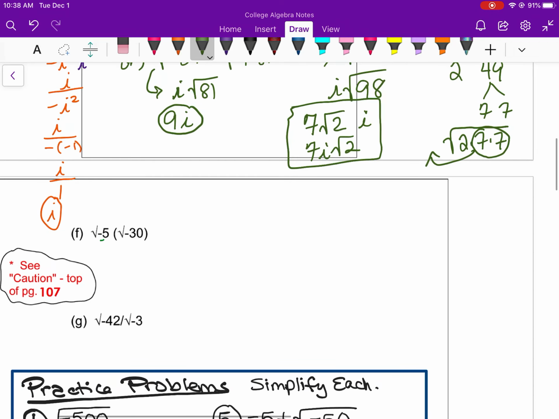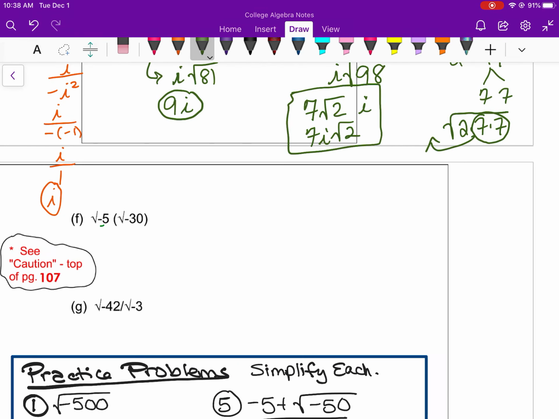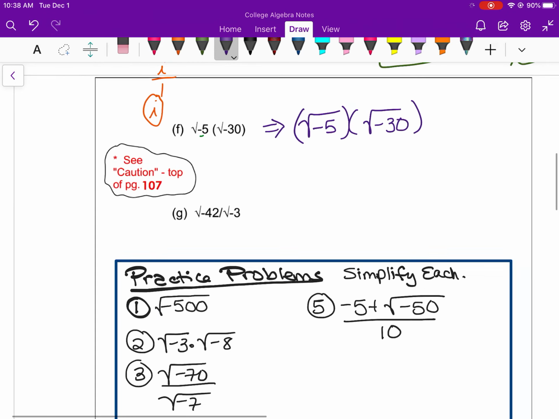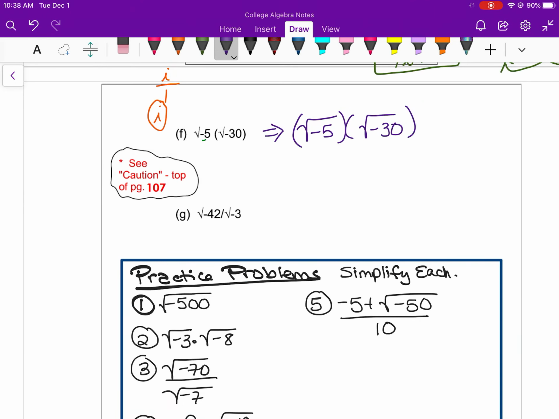We're going to carry on here and do F and G. Okay, so F. That problem is the square root of negative 5 times the square root of negative 30. Now, there is a caution in your textbook on page 107.